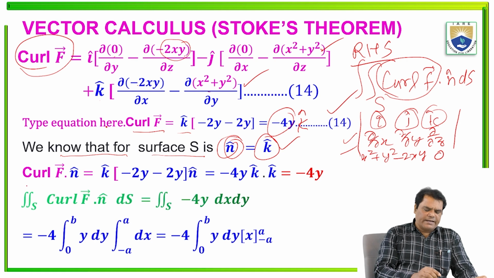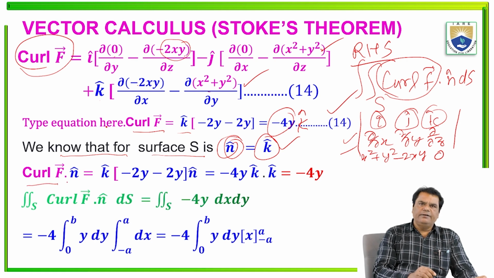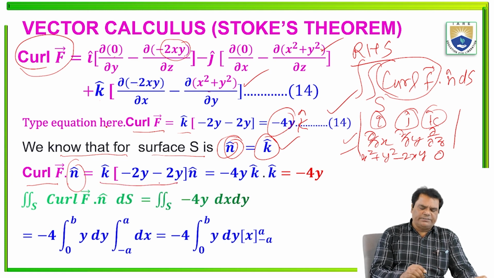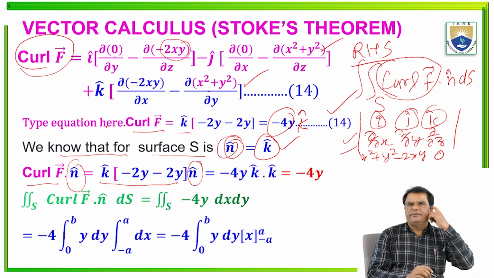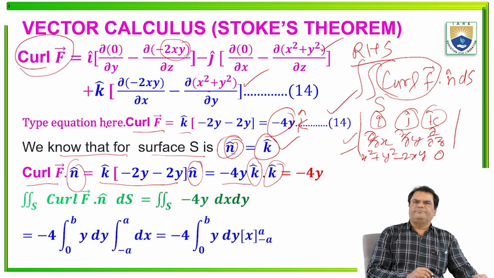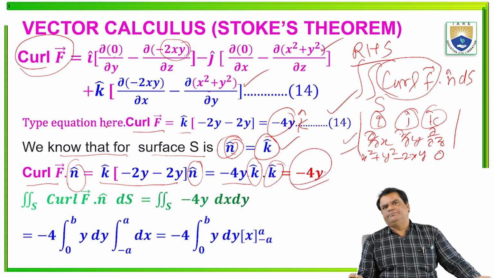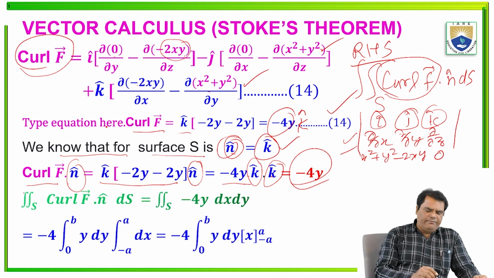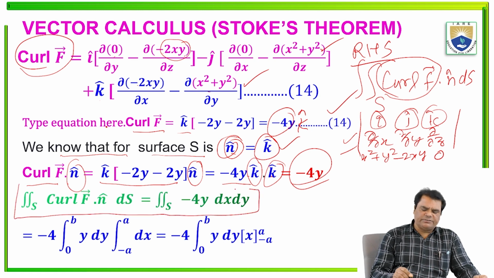So now we find curl F dot product with n. The value of curl F is this, k minus 2y, 2y, and n unit normal vector here. So minus 4y k unit vector and n is also k unit vector. So k dot k is 1, that is minus 4y. So now we have the formula. This is the LHS.